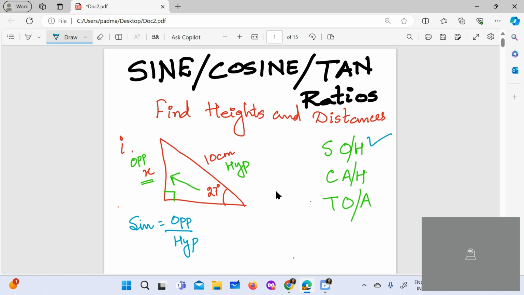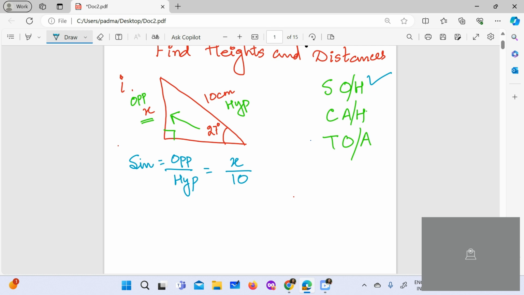So we know that opposite is x and hypotenuse is 10. So now we can do just simple multiplication. Sine 27 degrees equals x over 10. Now you can cross multiply and you get x is equal to 10 sine 27.